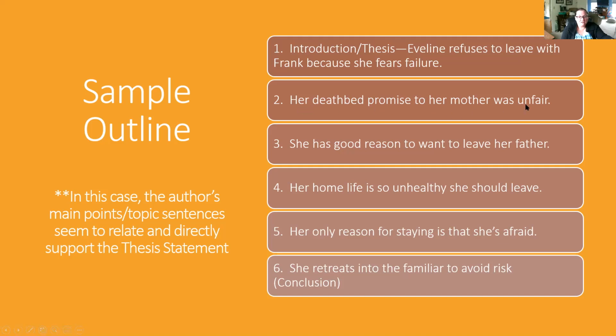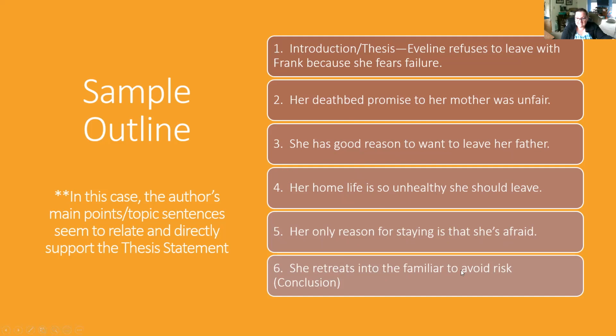And then she has good reason to want to leave her father. Her home life is so unhealthy, she should leave. So if these three things are true, then the only option left is that her only reason for staying is that she's afraid.